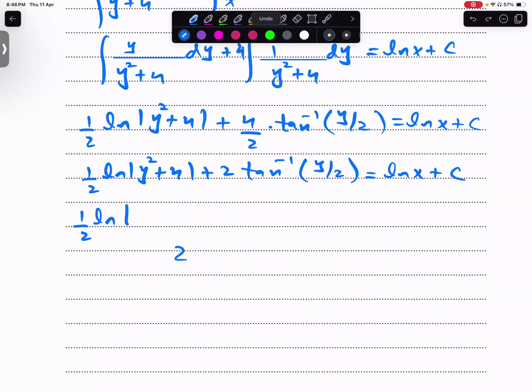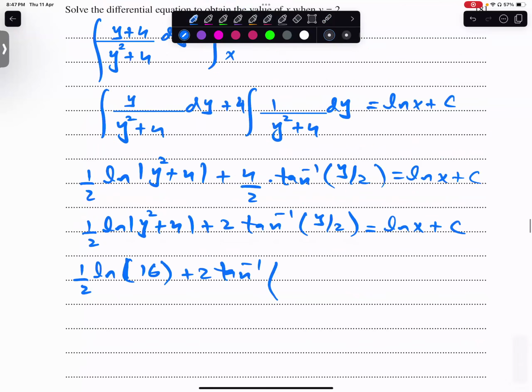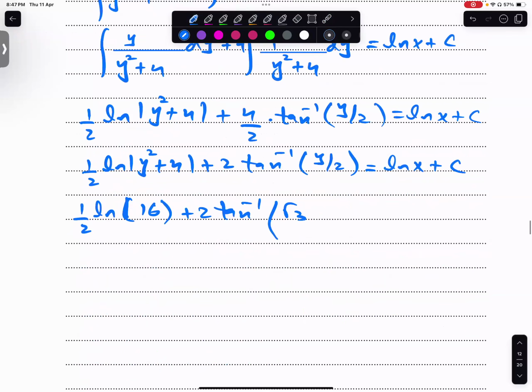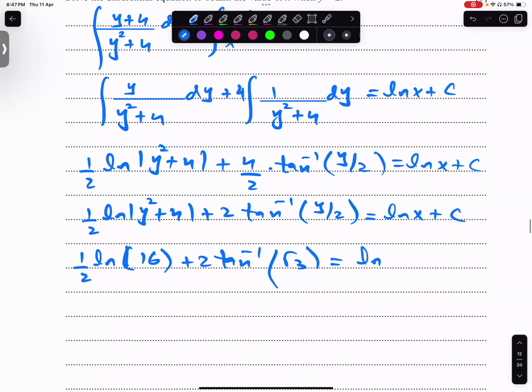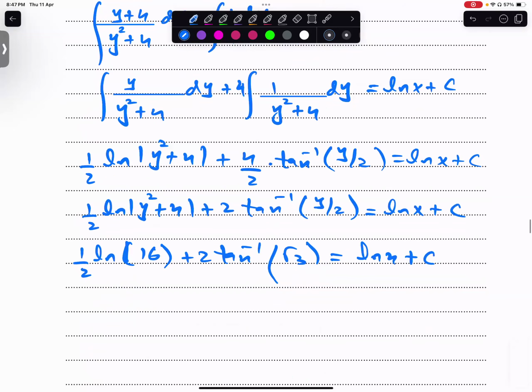So this will be 12 plus 4, which is 16, plus 2 tangent inverse of 2 root 3 over 2. So 2 will be cancelled out, root 3, is equal to, what was x? x was 4. So ln of 4 plus constant of integration.